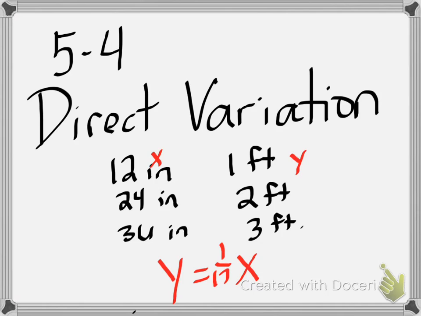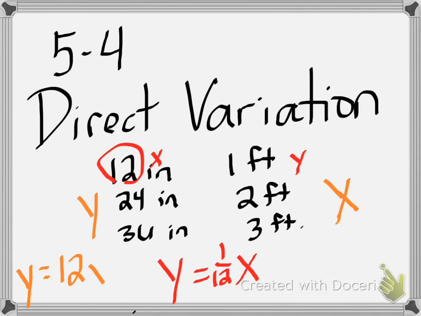Because if I had 12 as my x, 12 times 1/12 would be 1 y. If inches was y and feet was x, to get y, I would multiply x by 12.